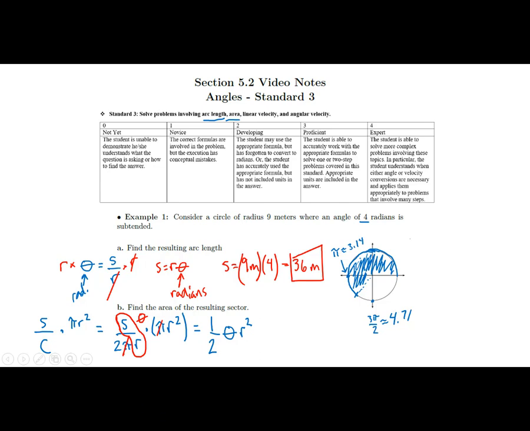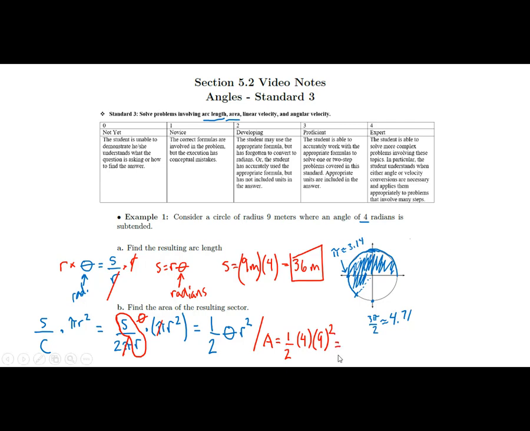For the problem we're working on here, we have all the information we need to answer this. We've got 9 meters as the radius and 4 radians as the angle. So we can say area is equal to 1/2 times 4 times 9 squared.